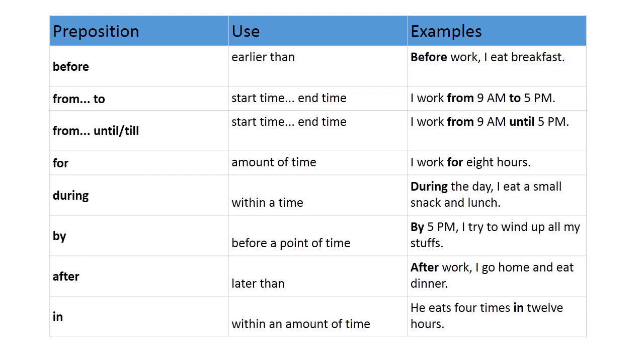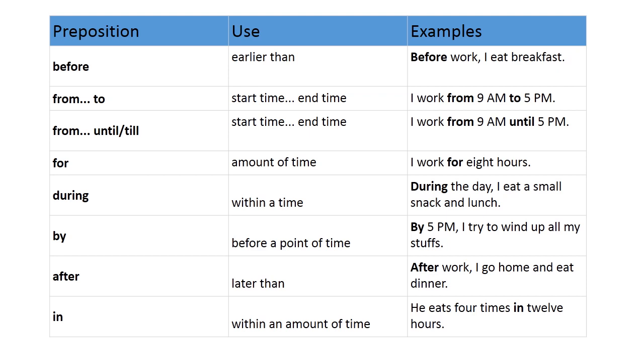Before is used to show the time that is earlier than. Before work, I eat breakfast. From and to, and from and until, till are used at the same time in a single sentence.